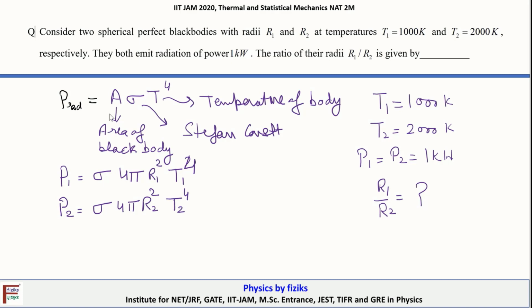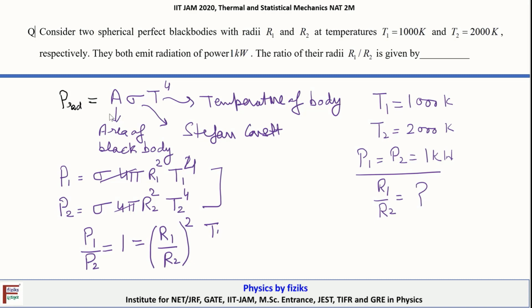Now if we take a ratio of these two quantities, P1 by P2, it's given that P1 is equal to P2, which is equal to 1 kilowatt. So this ratio will be equal to unity, and if we divide these two expressions, the 4 pi sigma will cancel, and we are left with R1 by R2 whole square multiplied by T1 by T2 its power 4.